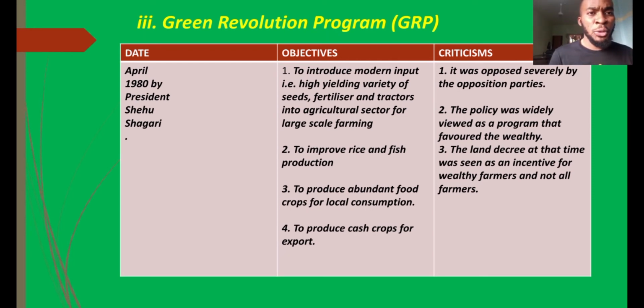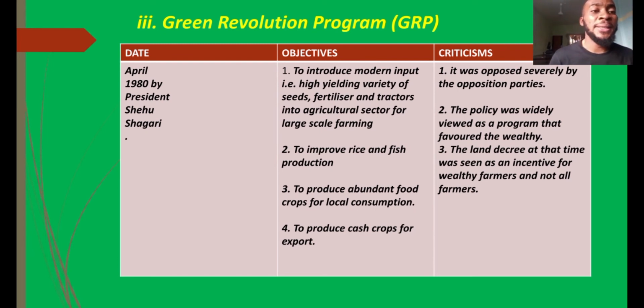So the Green Revolution Program made it a duty to increase the production of these products for export, and the food crops for local consumption. We have yam, we have maize, we have beans, although beans could also serve as exports, and other things like garri as well, we eat them locally.